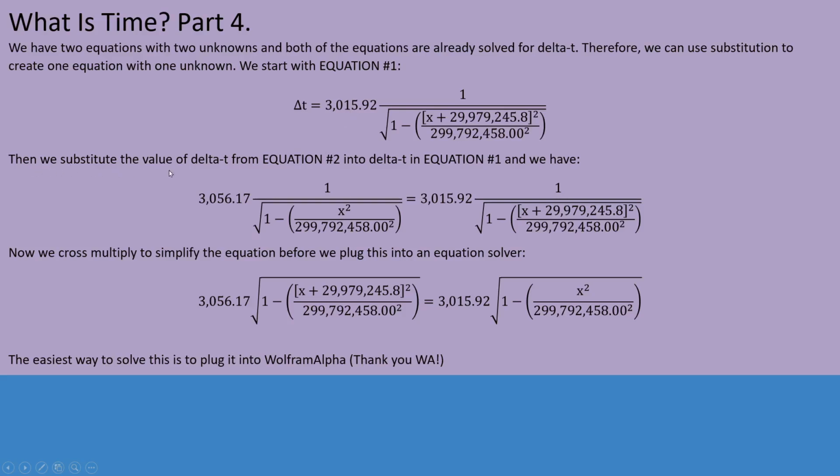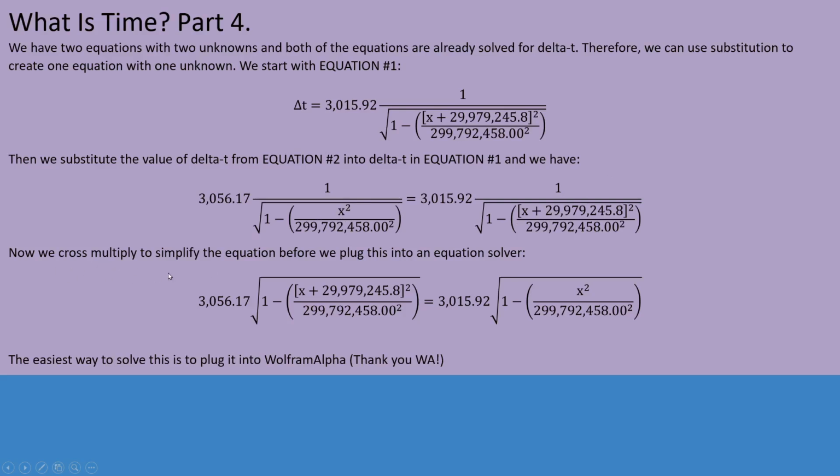Then we substitute the value of delta t from equation number 2 into delta t in equation number 1, and we have the following equation, which is the relationship between the number of cycles produced by clock B and the number of cycles produced by clock A, using the Lorentz factors for both of those clocks given their different velocities during the test.